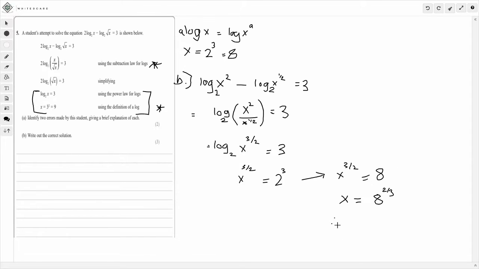So therefore, x is equal to the cube root of 8, all squared. So the cube root of 8 is 2. 2 squared is equal to 4. And there you go, guys. That is the correct solution for part B.